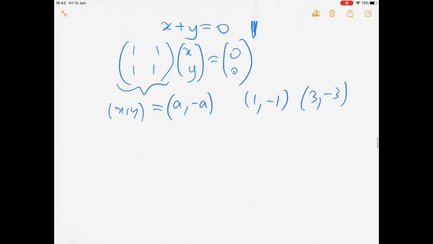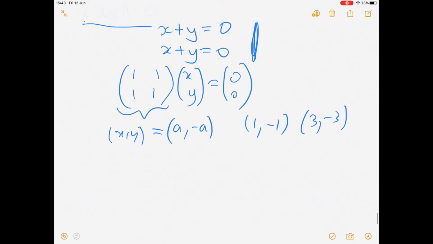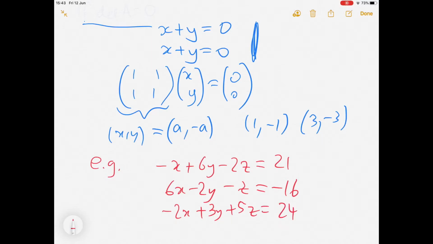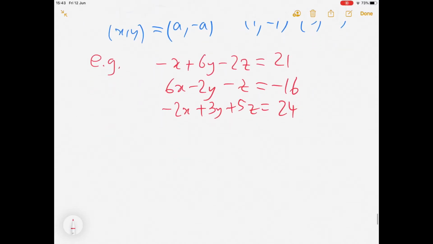If we have something like this, a system of three equations, minus x plus 6y minus 2z is 21, 6x minus 2y minus z is minus 16, and minus 2x plus 3y plus 5z is 24, then we can write this as a matrix times (x, y, z).